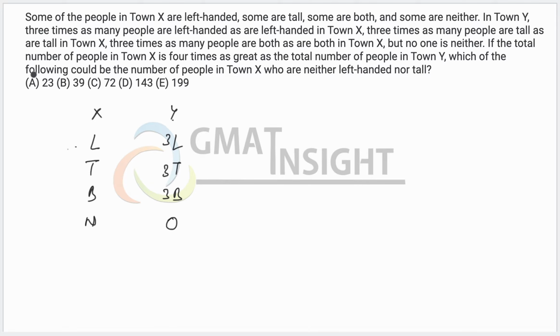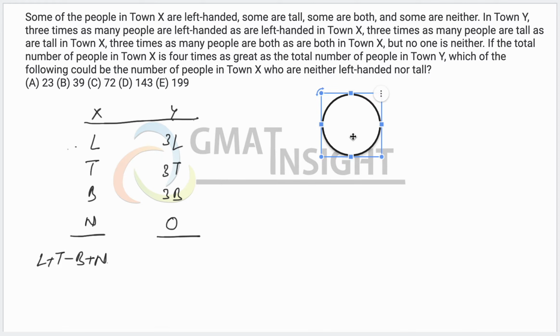Now, the total number of people in town X is 4 times as great as the total in Y. So let's quickly calculate the total population. Total population for town X will be L plus T minus B plus N. Now, one problem: people wonder why this is minus B. So understand this. If I were representing it using a Venn diagram, I would do it this way.